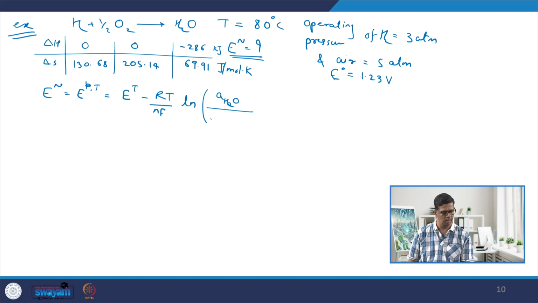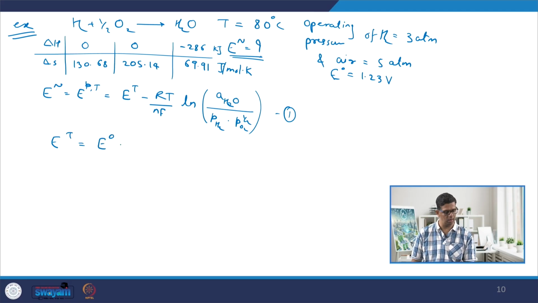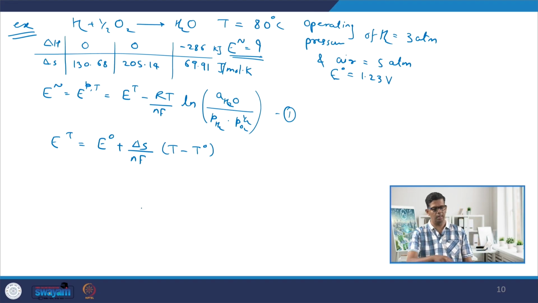divided by the partial pressure of hydrogen times the partial pressure of oxygen raised to half. So, this is my equation 1. What is my E_T? E_T is nothing but E naught plus the entropy change of that reaction times the temperature difference, that is T minus T naught, that means it is 80 degrees minus 25 degrees.